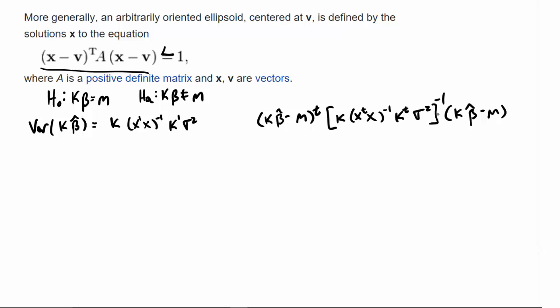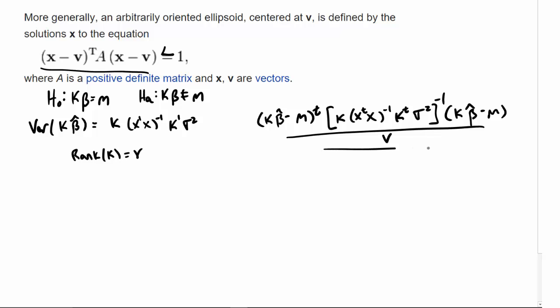with the number of rows of K degrees of freedom. If we divide that by its degrees of freedom, which is, let's just say, the rank of K, let's say v, and then divide it similarly by (n − p)s²/σ², which is also a chi-squared, divided by its degrees of freedom, n − p, then we have the ratio of two chi-squareds.